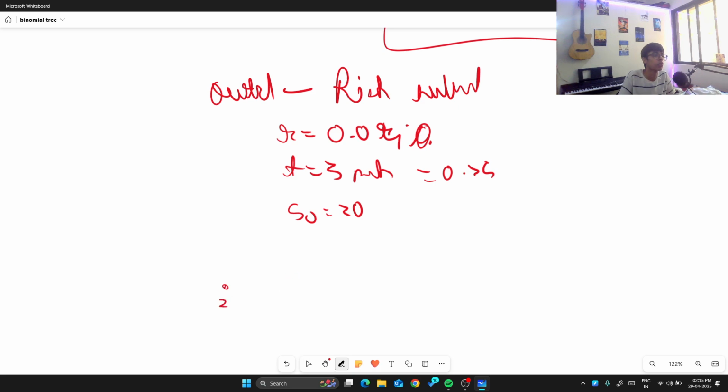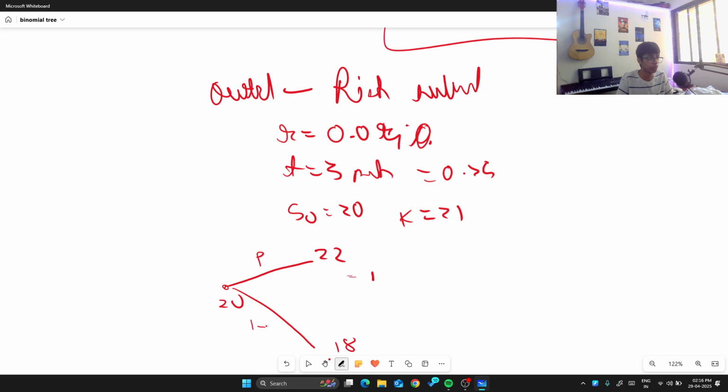So it starts from 20, and can go to 22 and 18. K equal to 21. So our option payoff would be 1 if it goes up, and 0 if it goes down.